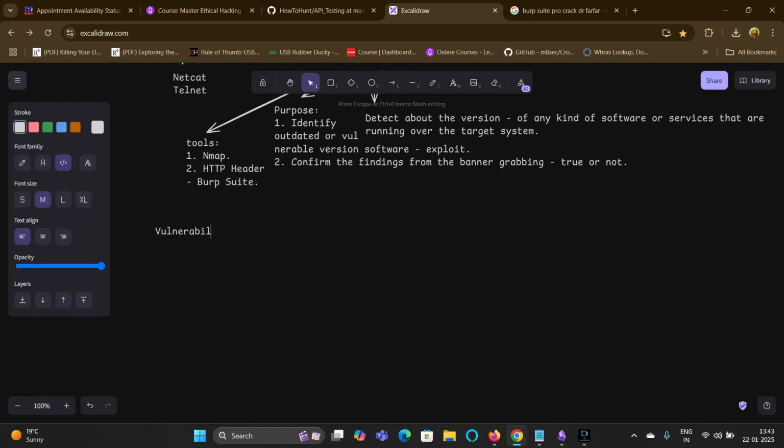Again guys, the name itself defines the definition of vulnerability scanning.